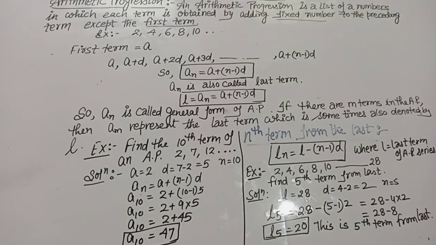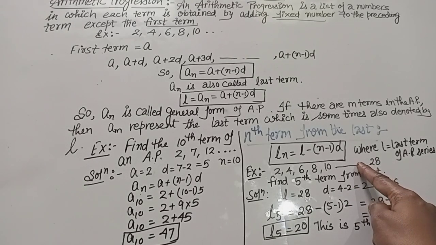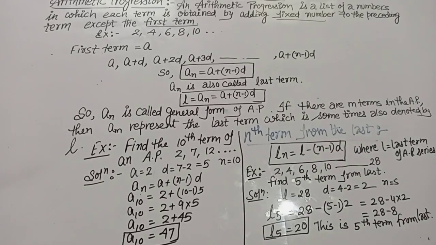Okay, you can also count on your fingers from the last 28. So before 28, that is 26, 24, 22 and 20. Okay, so you will go through each and every step.